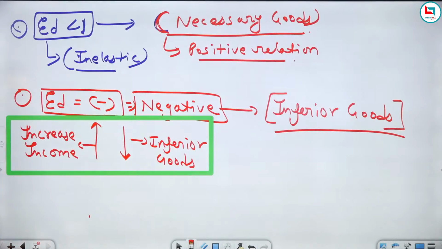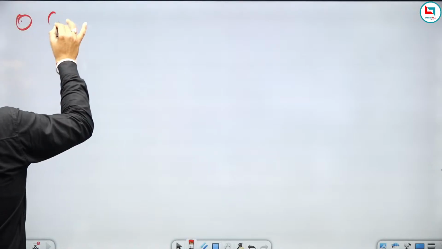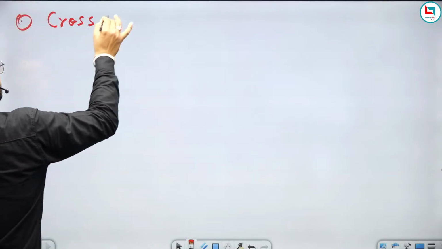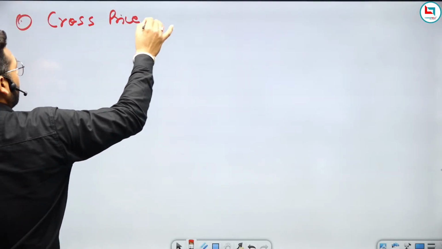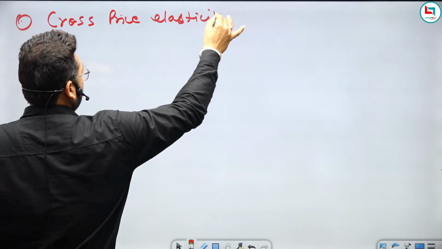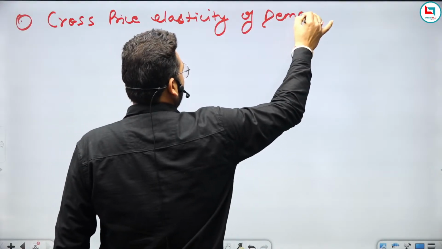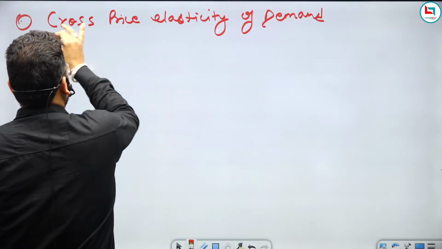And now we'll discuss cross price elasticity of demand. Now it is the third type of elasticity.